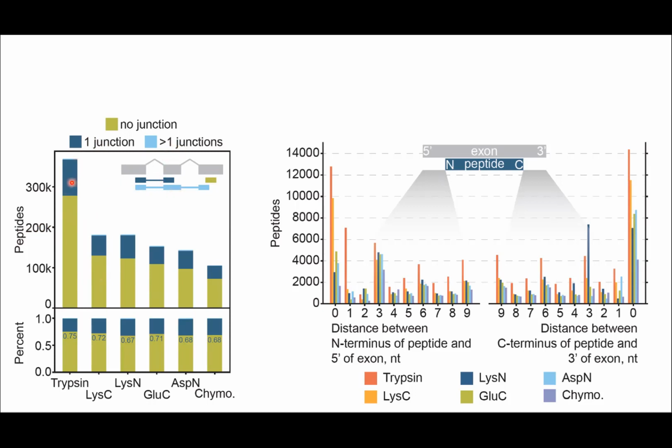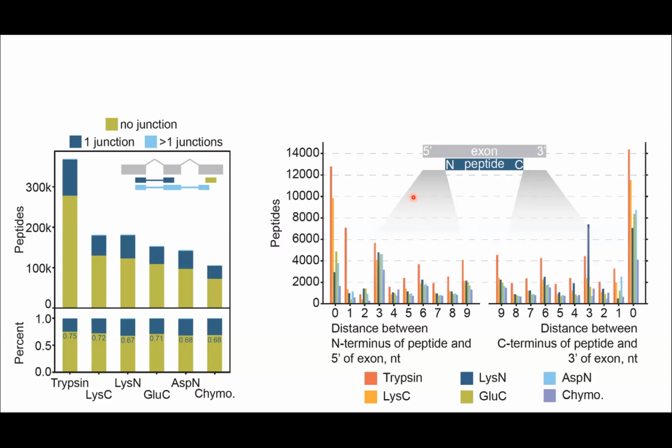And there's not too many of those, but there are a significant number here that cover one junction. And you can see, as a function of enzymes, these guys add a lot. And you can see that as a percentage, you get slightly more from these other enzymes, whereas the trypsin's a little bit lower. And the reason for that can be seen in these next 2 plots here.